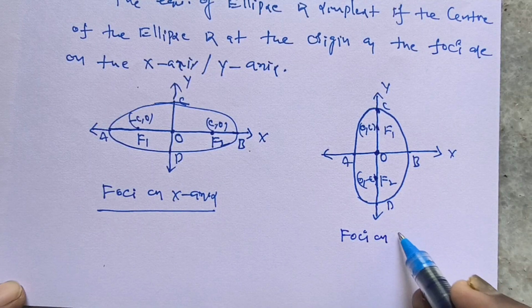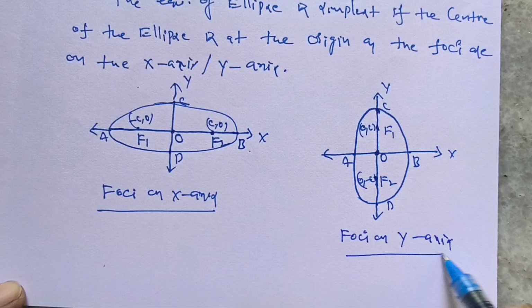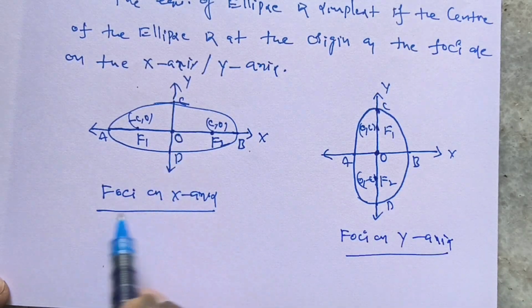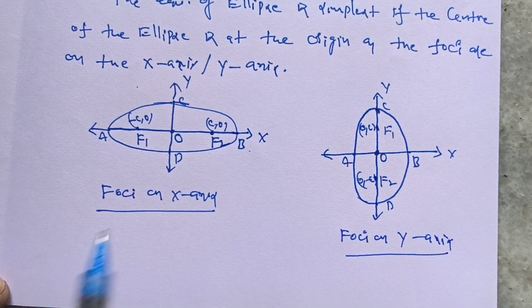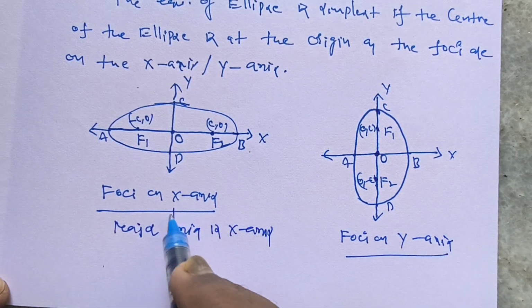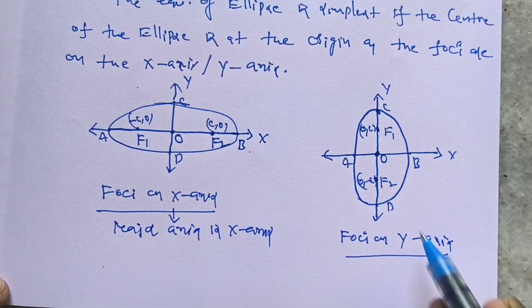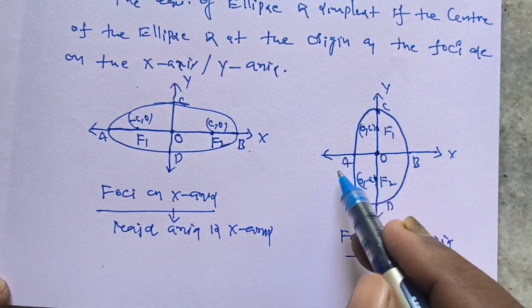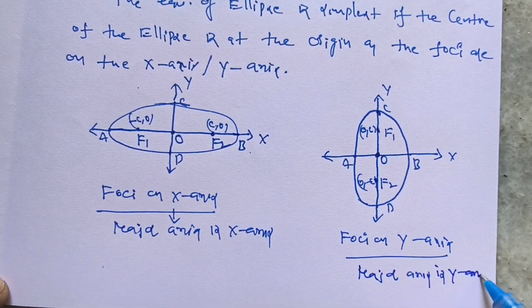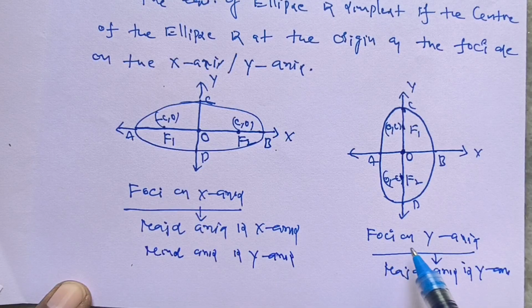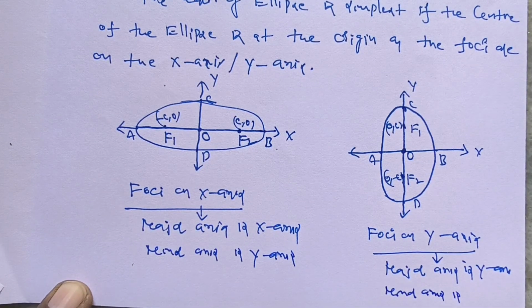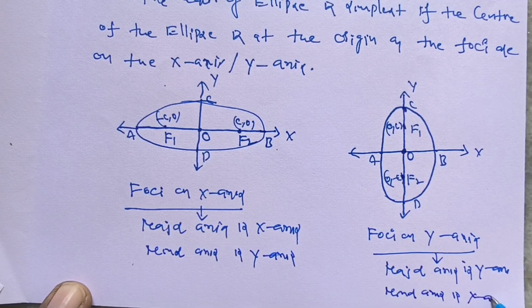This figure represents an ellipse whose foci are on the y-axis. In the earlier case the x-axis is the major axis, but in the case of foci on the y-axis, the major axis is the y-axis. In that case the minor axis is the y-axis, but in the case of foci on the y-axis, the minor axis is the x-axis.